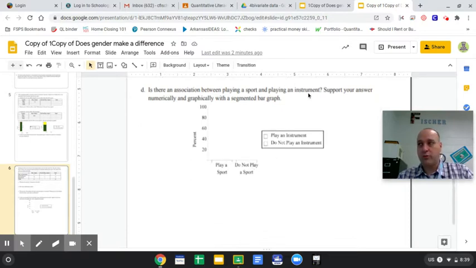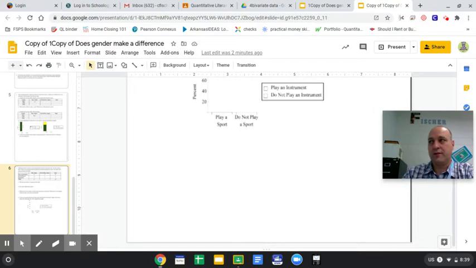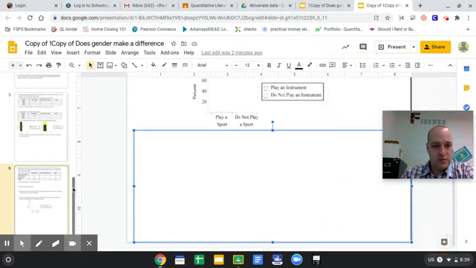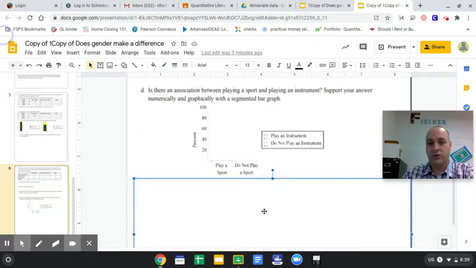That's pretty much what you got on part C also, the second part. All right, so that helps you, that answers the rest. Let's see, is there another question? Oh yeah, support your answer numerically and graphically. So make the bar graph, and then is there an association between playing a sport and playing an instrument? Write that conclusion down there.